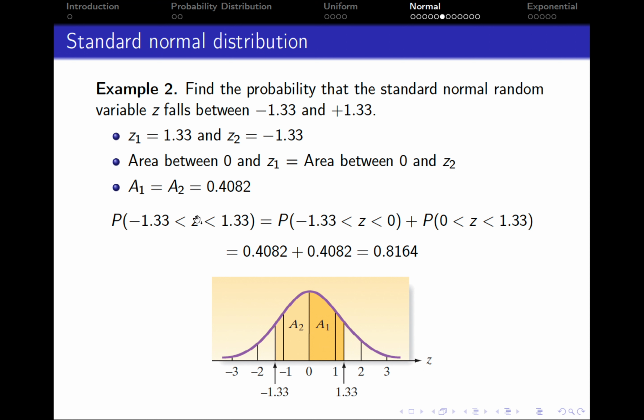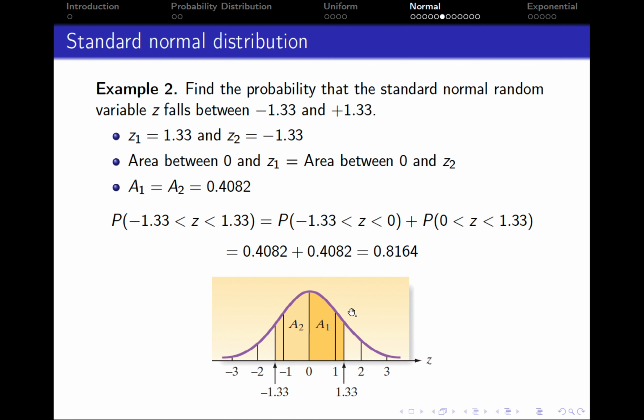Let's have a look at an example. Suppose you're asked to find the probability that the standard normal random variable z lies between -1.33 and 1.33. You will need to do a couple of steps. We've got an interval consisting of two values, so we actually have two z-scores: z1 is 1.33 and z2 is -1.33.